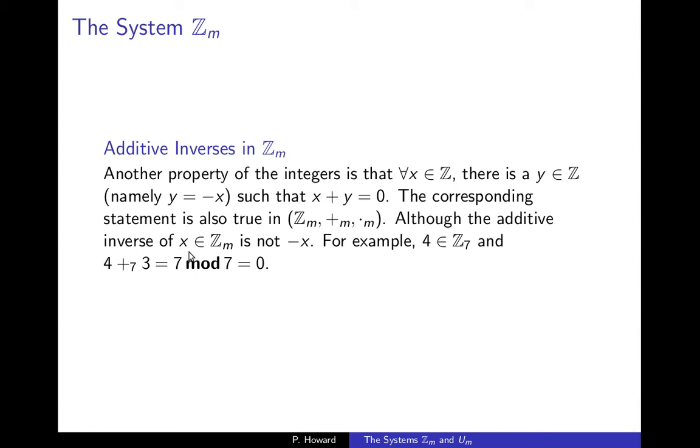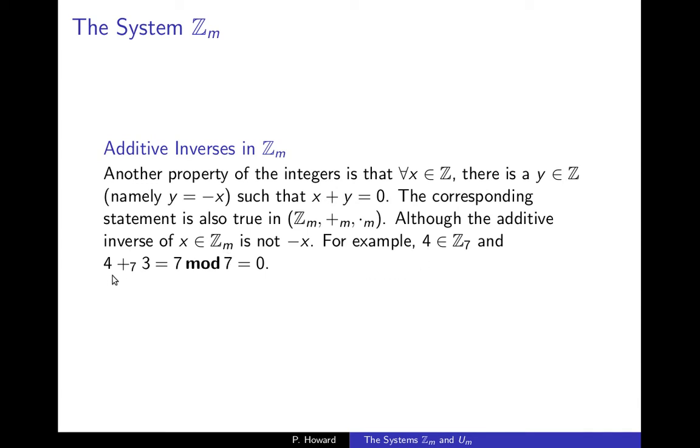Although the additive inverse of x in Z sub m won't be minus x, as we'll see. So for example, 4 is in Z sub 7. What element of Z sub 7 do you add to 4, using plus sub 7, to get 0?